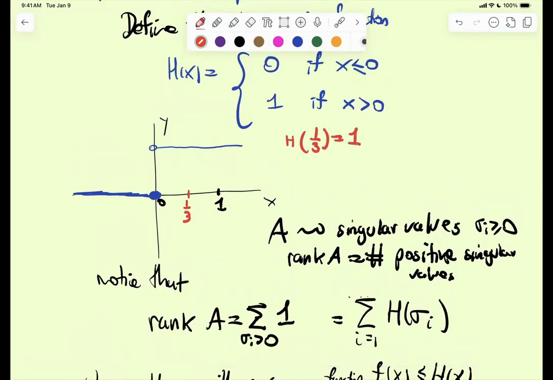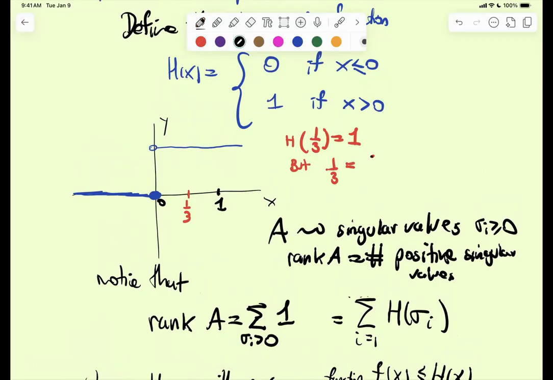But let's see if this is going to work. At the same time, the number 1/3 is a convex combination of 0 and 1.